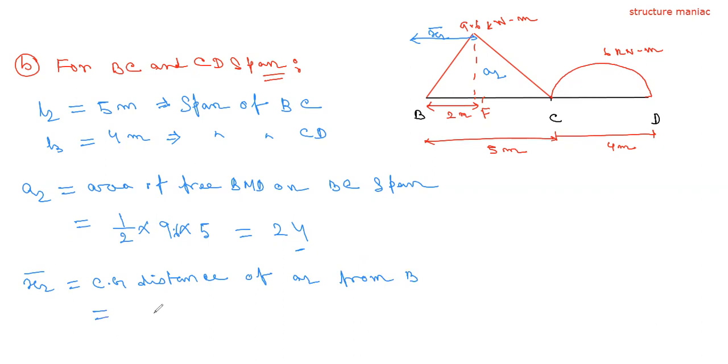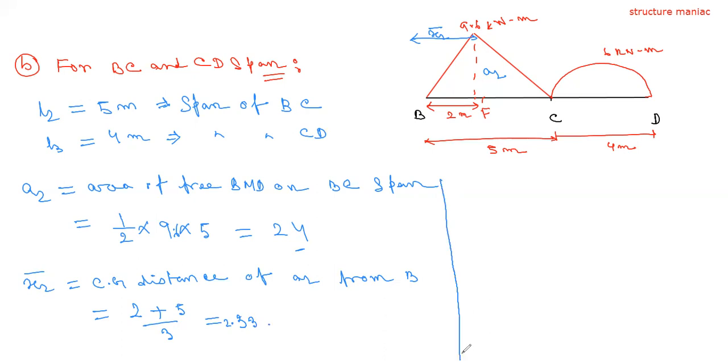A plus L2 by 3. A value is 2 plus L2 is 5 by 3. So 2.33.